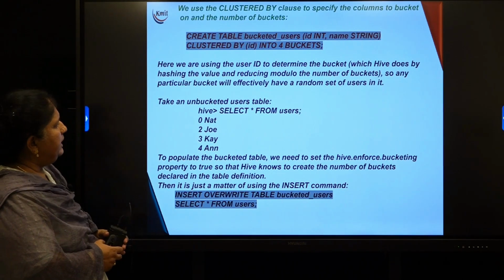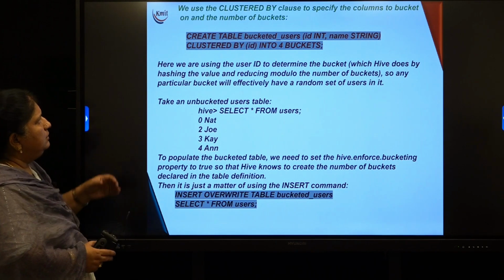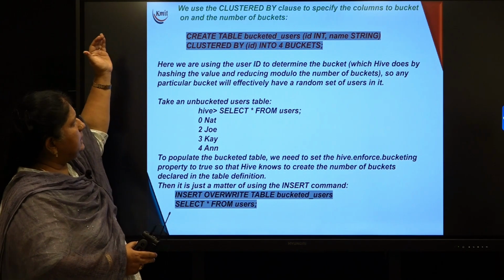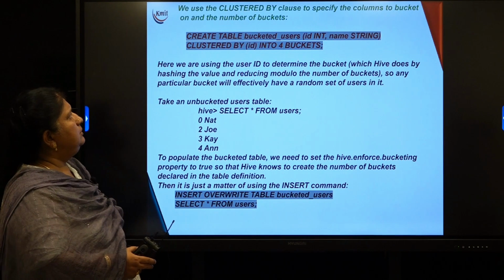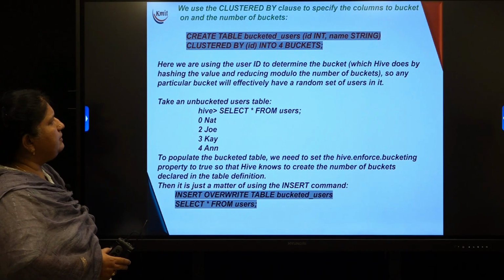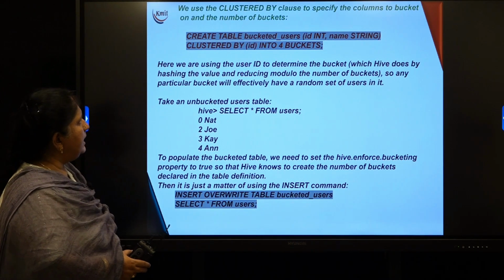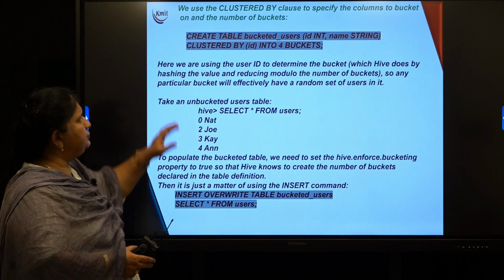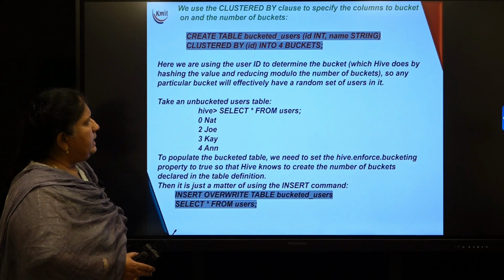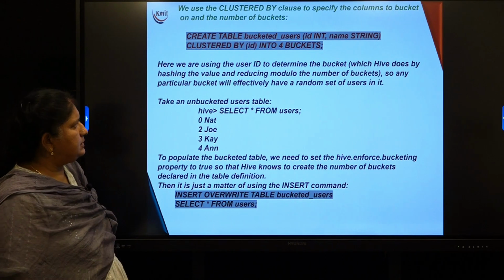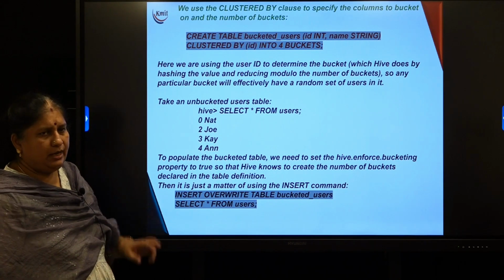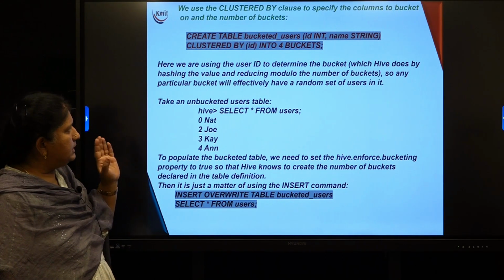So how do we create the buckets? We can use the CLUSTERED BY clause to specify the columns to bucket and the number of buckets. Now if you see this one: create table bucketed_users with id and name. There are two attributes, clustered by.